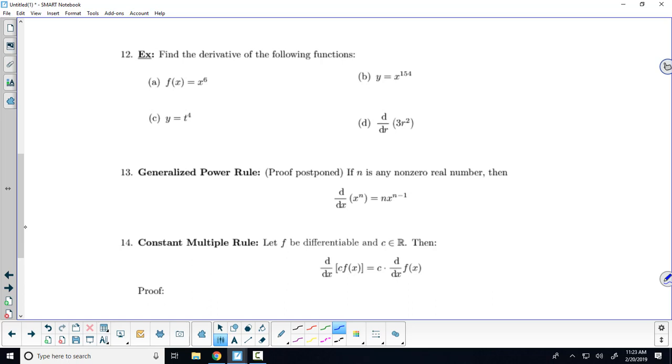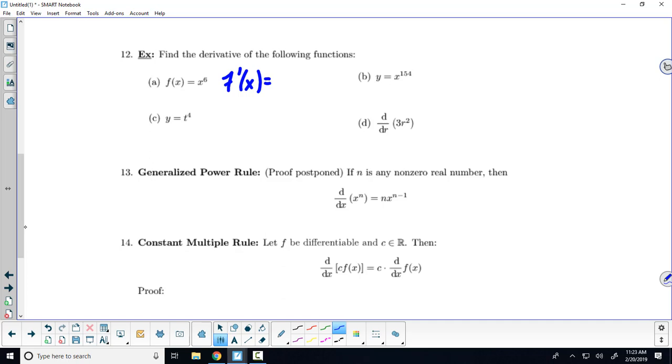Here I've got the function f of x equals x to the sixth. If I ask you to find the derivative from here on out, and I don't say you must use the limit definition, okay, then you can just say that f prime of x is equal to what? Well, the power rule says bring down the exponent. Everyone say that with me. The power rule says bring down the exponent.